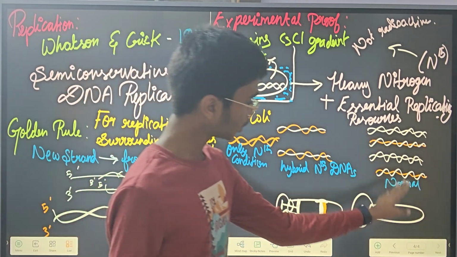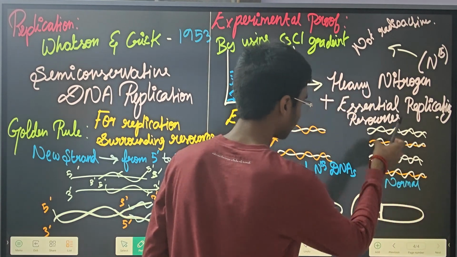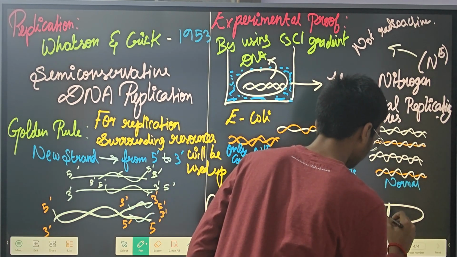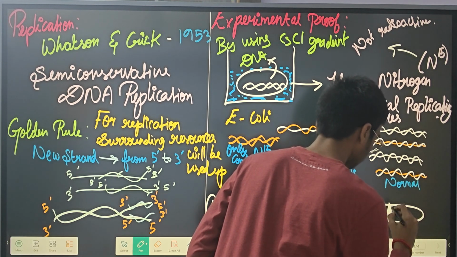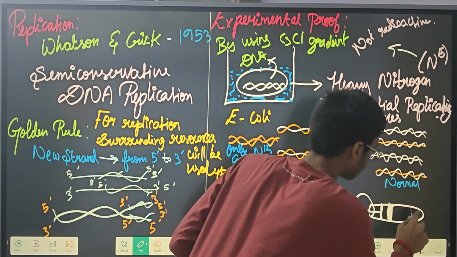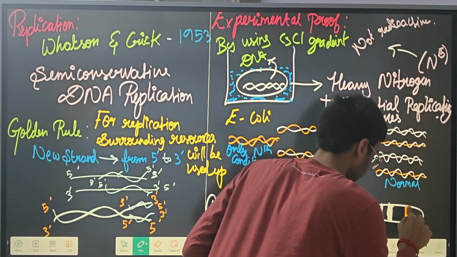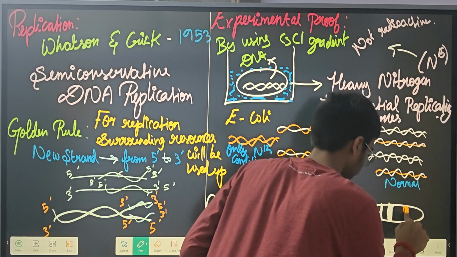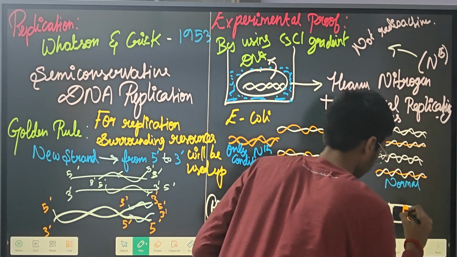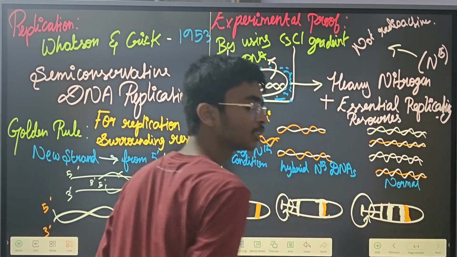So when you are centrifuging this, first you will get these two strands, which will be in the before itself, in the pre, or even in the latter. And later you will get these two, which is in this part. Okay, so like this you will get.